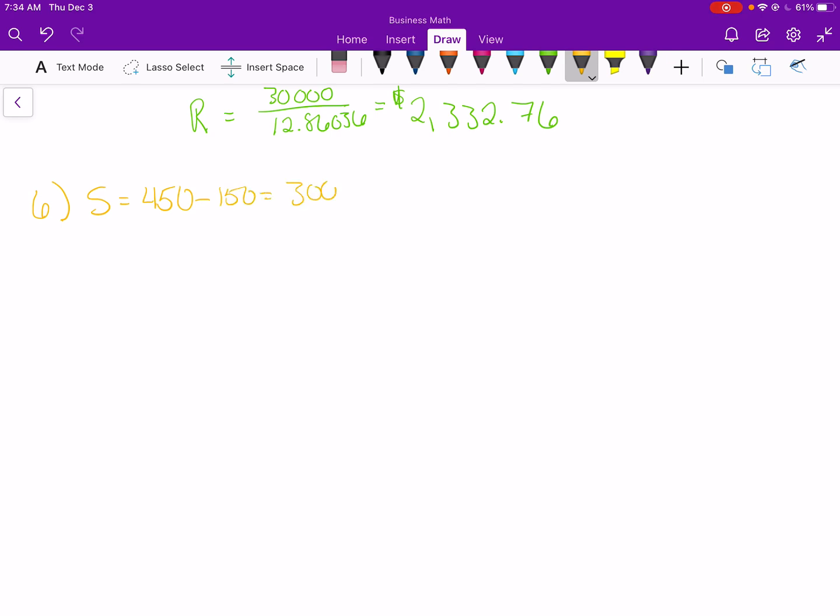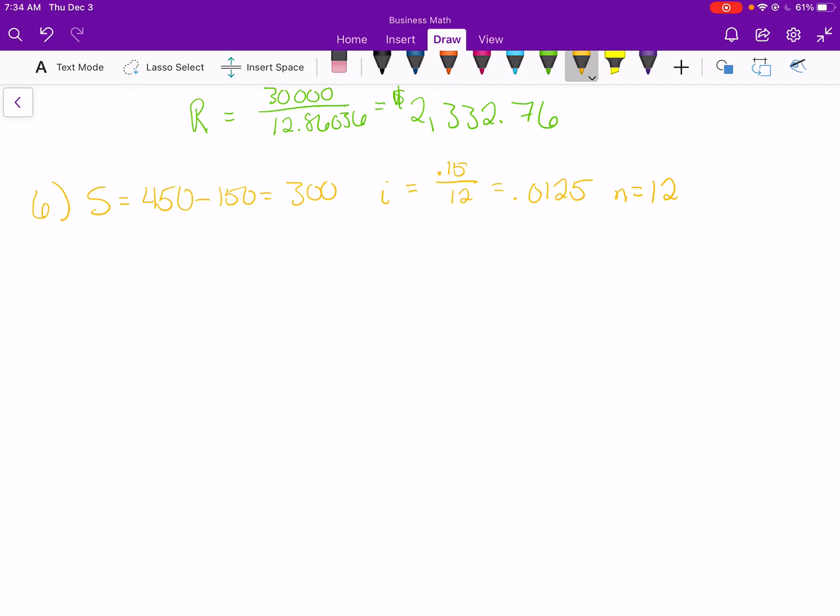So we're financing $300. Interest is going to be that 15% divided by 12 because it's monthly, which is 0.0125. N is going to be 12 because it's 1 year, 12 months.